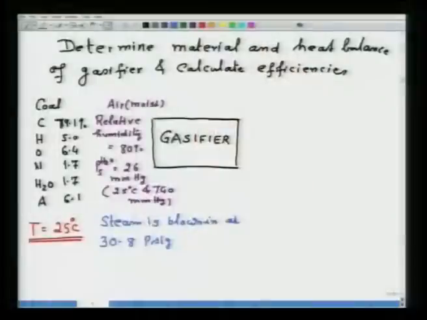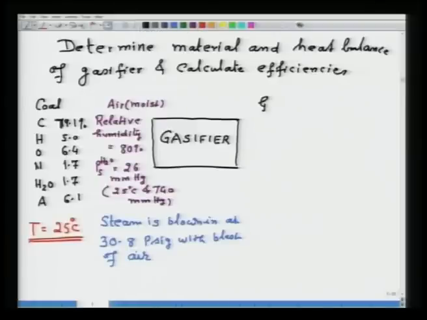That means it is gauge pressure, it is not absolute pressure. You have to add 14.7 to get the absolute pressure. Steam is blown in at this pressure with the blast of air, that is given.